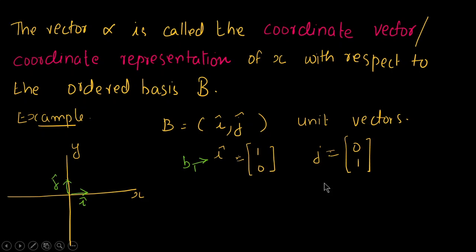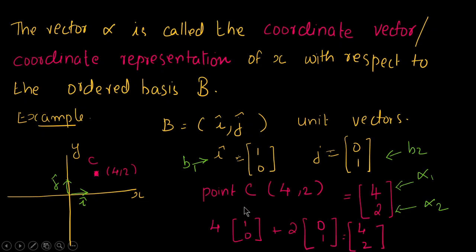They are unit vectors, b1 and b2. To represent a point c with coordinate values (4, 2), it is 4 into alpha 1, that is 4 times the first vector b1, then alpha 2 into b2. So we get the matrix representation of c, that is (4, 2).